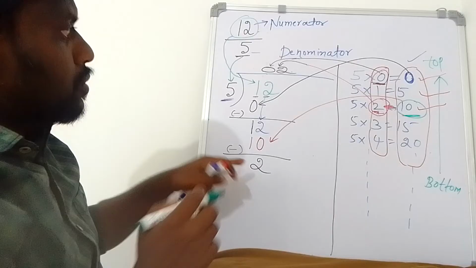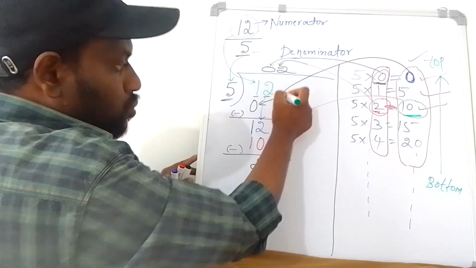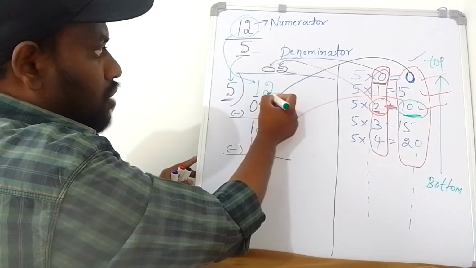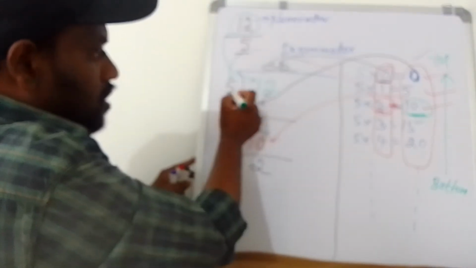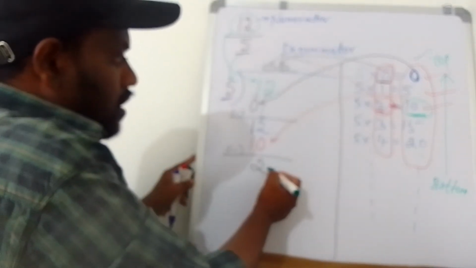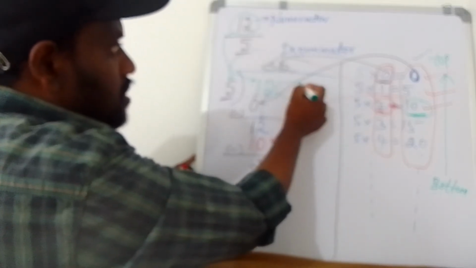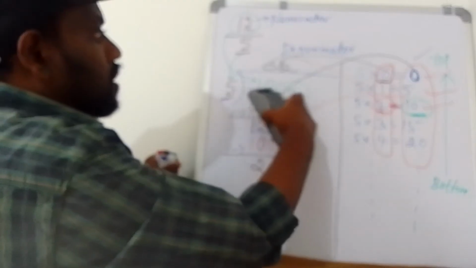To continue the division process, there must be some digit to bring down, like how we took this 2 and divided this 12. But here there are no other digits. After 2 there are no digits.